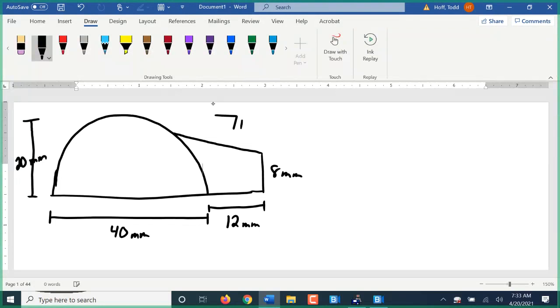And this is a 1:4 slope, aspect ratio. We're going to ask you to simply find the area of this piece.